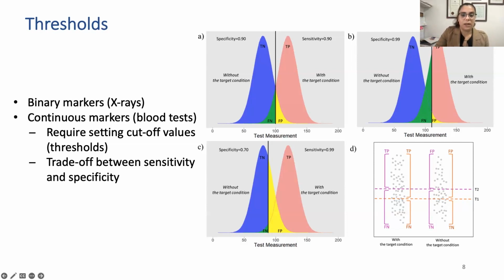Similarly, if we decrease the threshold from 100 to, let's say, 90 here in the plot C, we can see that specificity decreases from 90% here to 70%, and sensitivity will increase. So lower thresholds produce more true positives and decrease specificity, but sensitivity will increase. As you can see, there is a trade-off between sensitivity and specificity as we move the threshold to different points, and that's something that we need to consider.